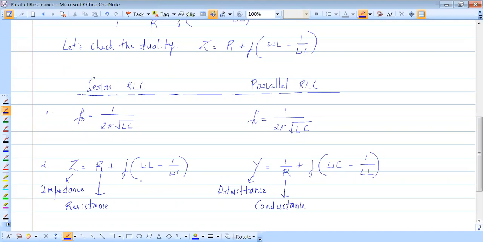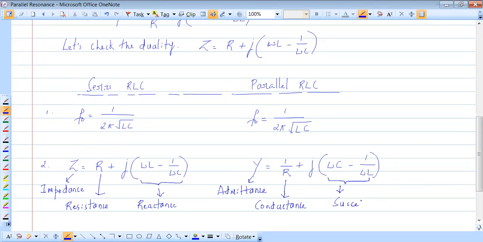Now, what is this? This we used to call reactance. This is inductive reactance, this is capacitive reactance, so together it is reactance. So what is the inverse of reactance? Anybody who can give me the terminology for this? Okay, no problem.